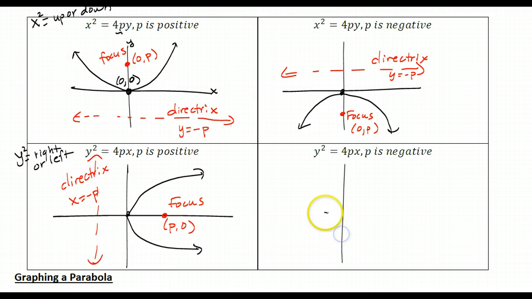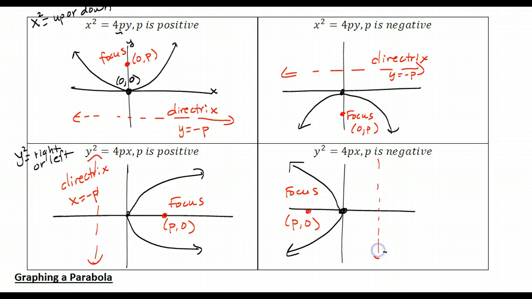And if p is negative, it opens to the left, and again, opens towards the focus and away from the directrix.